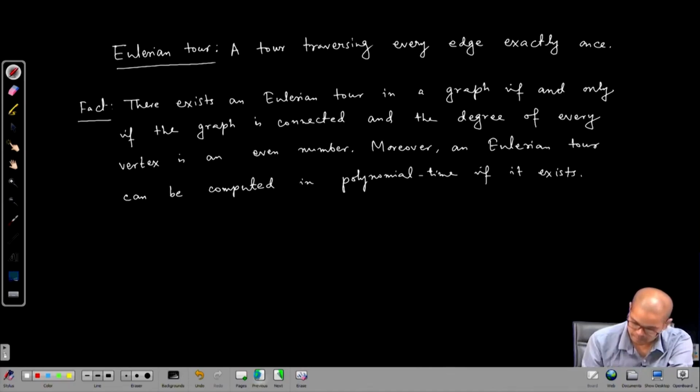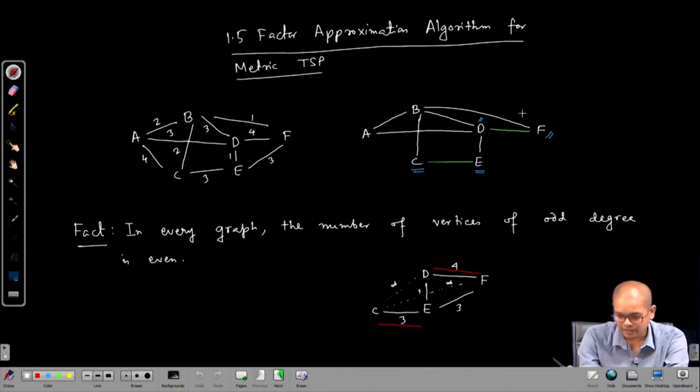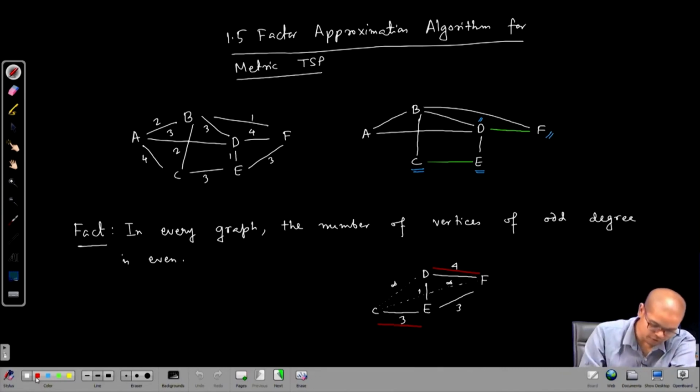In this graph, which is obtained by superimposing a matching on odd vertices with the spanning tree, it is a connected graph because it contains a spanning tree as a subgraph, and the degree of every vertex is even. So, there exists an Eulerian tour, and let us compute it, and it is easy.